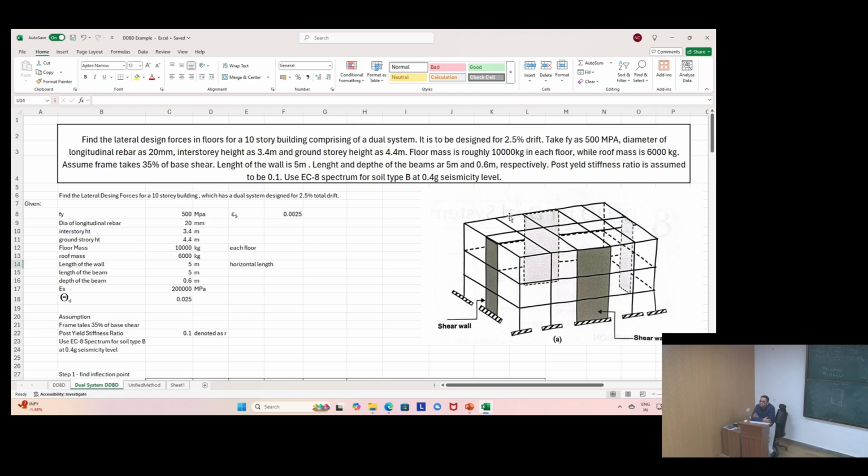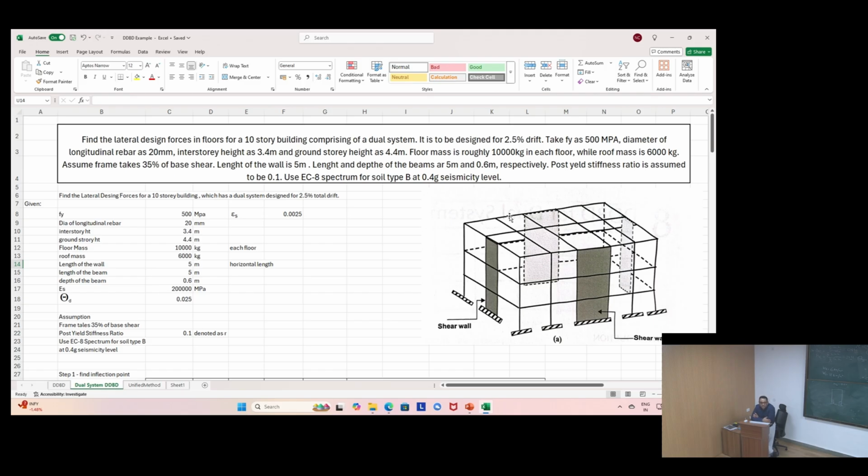Depth of the beam is 0.6 meters or 600 millimeters. Post-yield stiffness ratio is assumed as 0.1. What does that mean? Only a 90% loss or a 10% loss? 10% loss in your stiffness after yielding.